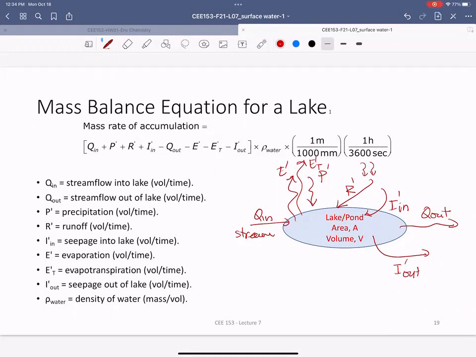So again, this is the mass accumulation rate, dm by dt, which is basically volume times density is mass, and this is density times dV by dt, and density times all the volume over time is flow rate. Okay, so that's the Qs.